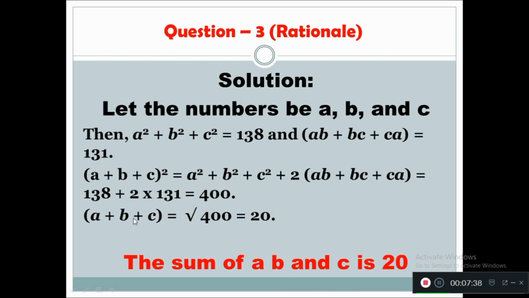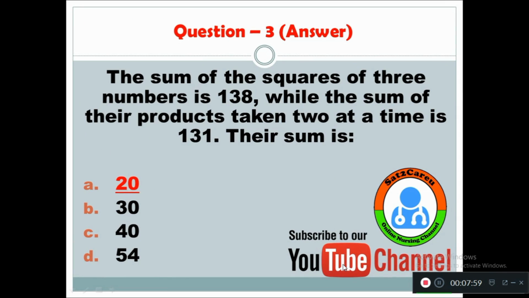Now a + b + c, when you take the square to the other side, will be the square root of 400, which is 20. Now the sum of a + b + c is 20. So according to the question, the correct answer is option A, 20.